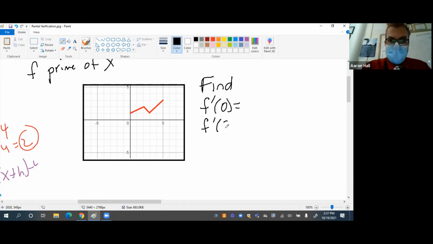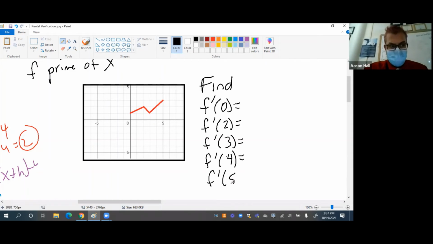So we're just going to practice answering some questions with some of our new notation. Can you guys see that okay?